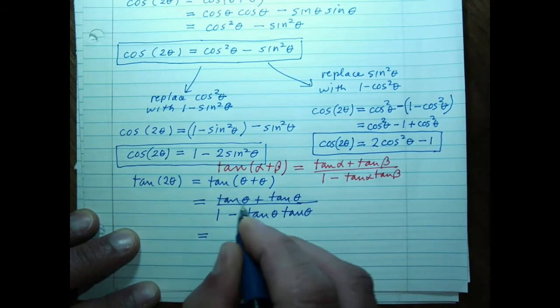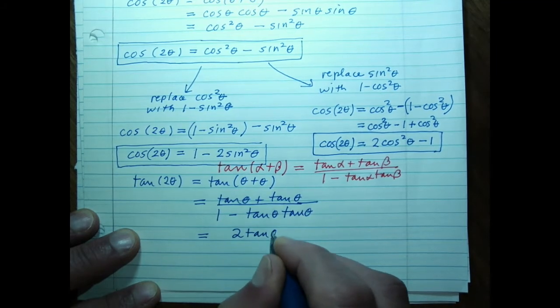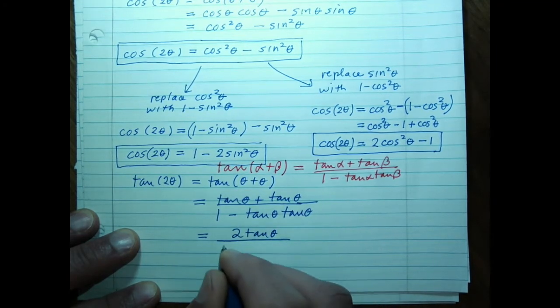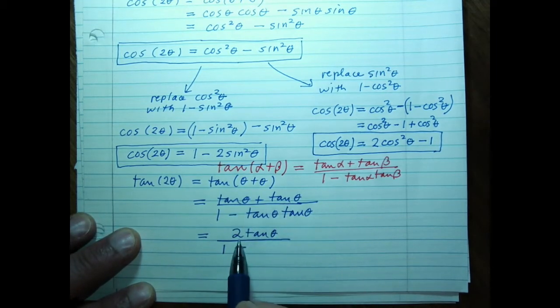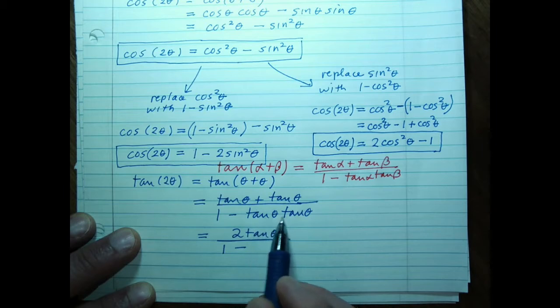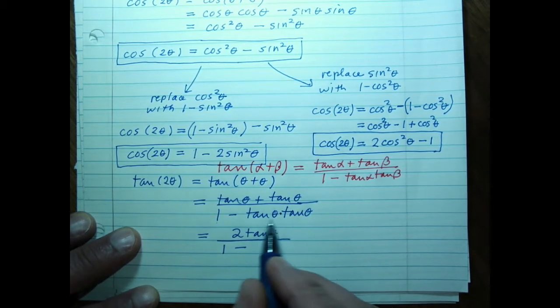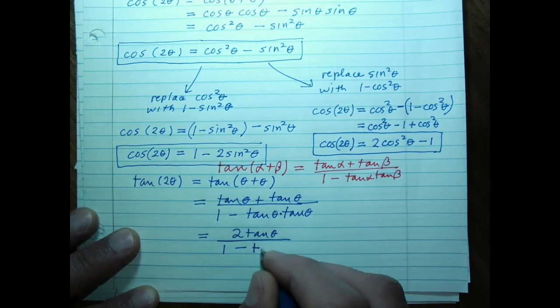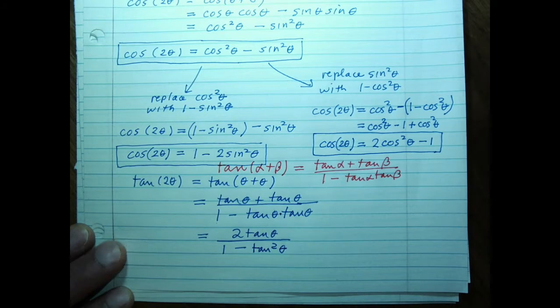And I can combine like terms. Tan theta plus tan theta is 2 tangent theta. Above I'm adding 2 tangents, so I get 2 tan theta. Below I have 1 minus the product of 2 tangents. I'm multiplying them, so I get 1 minus tangent squared theta.